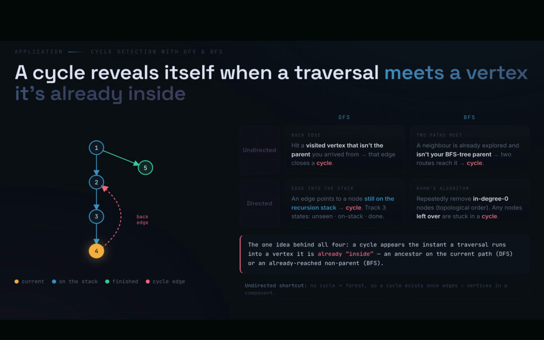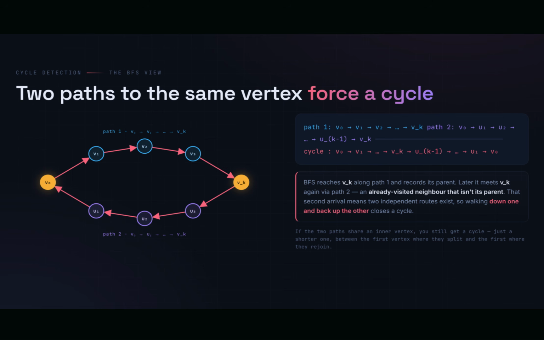Whenever you do BFS or DFS, both of them work for cycle detection, and if you notice that you visited a vertex and it has an already explored neighbor which is not its parent, then you know that it must have a cycle, and this vertex must be part of that cycle, because whenever you see that there are 2 paths to go from one vertex to another, then there must be a cycle.